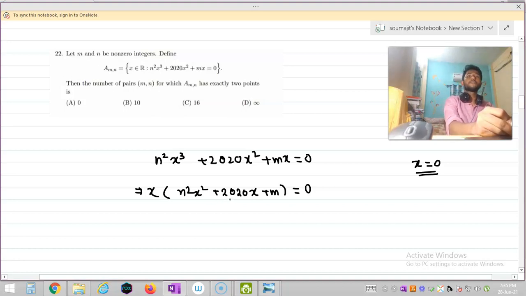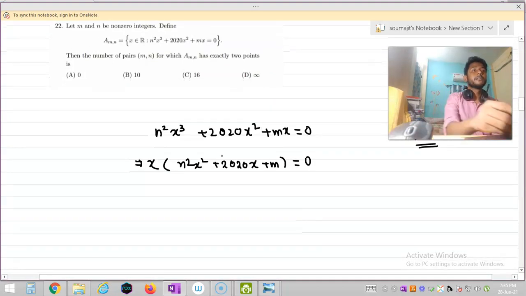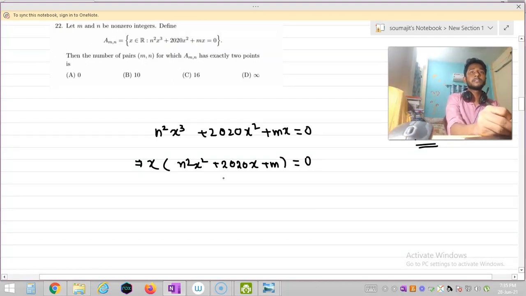If it has 2 distinct solutions, these 2 solutions along with x equal to 0 will become 3 solutions. So the solutions of this quadratic equation must be equal for A(m,n) to have only 2 points. So this quadratic equation must have exactly 1 solution. Hence the discriminant of this quadratic equation must be 0.